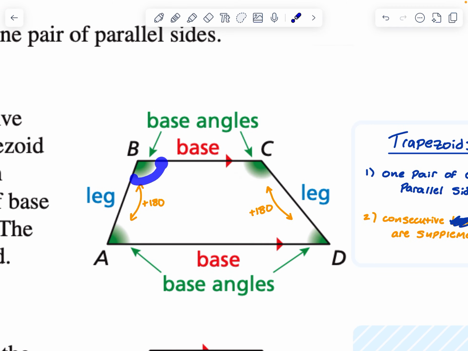Our non-base angles are. So for example, this could be 60 and that could be 120. Maybe this is 70 and that's 110. There does not necessarily have to be a relationship between our base angles, A and D or B and C.